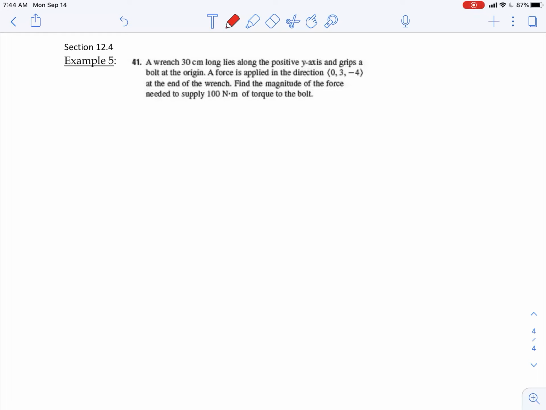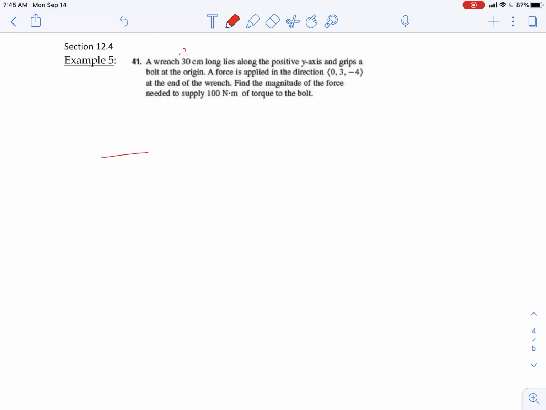All right. So here we basically have a wrench applying pressure to a bolt, and so here we can say here's our wrench, and our wrench is given in 30 centimeters, but what we want is meters.